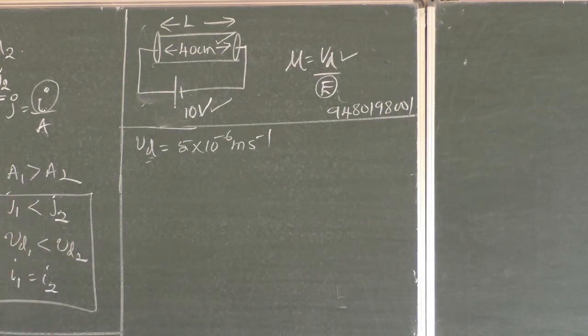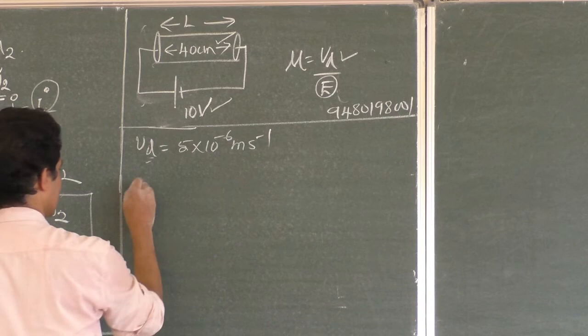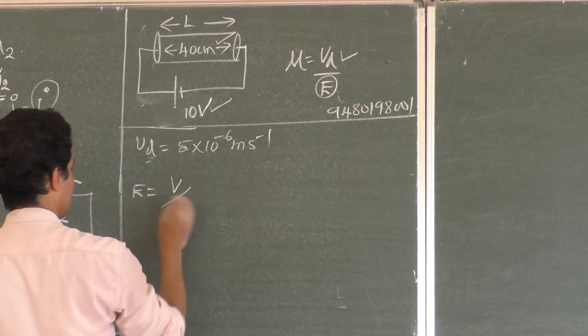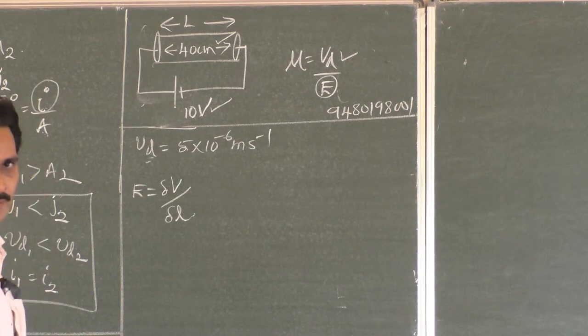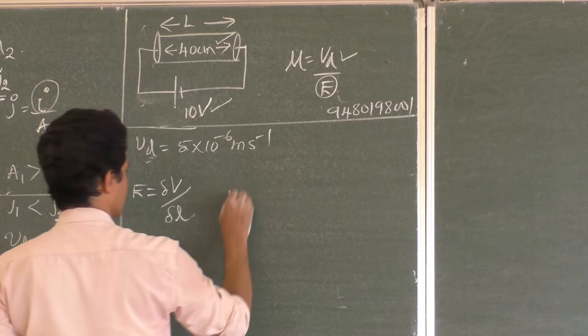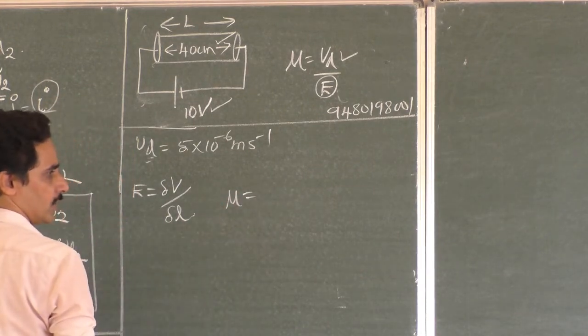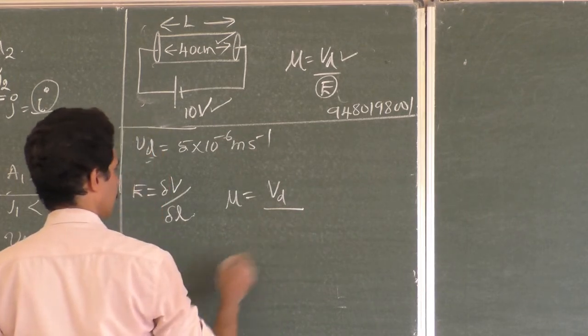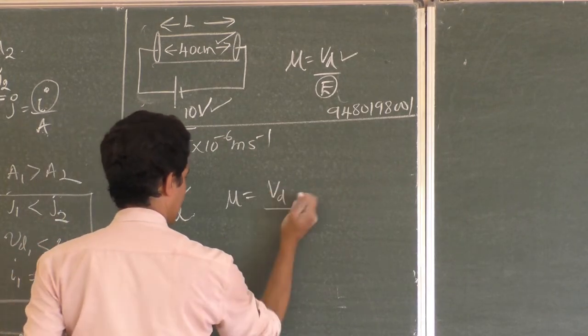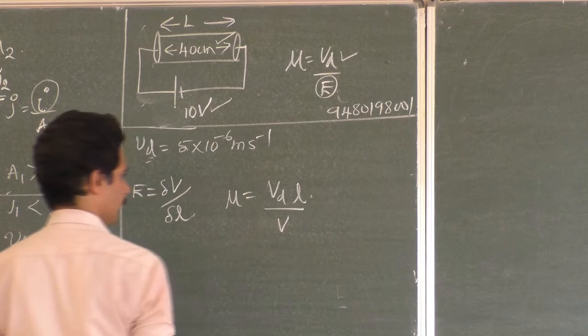Yes, possible, because electric field E is nothing but potential gradient, delta V by delta L. We derived this in the potential chapter. So mobility is the question, and it is drift velocity divided by electric field, which we can write as V by L, since it is uniform everywhere.